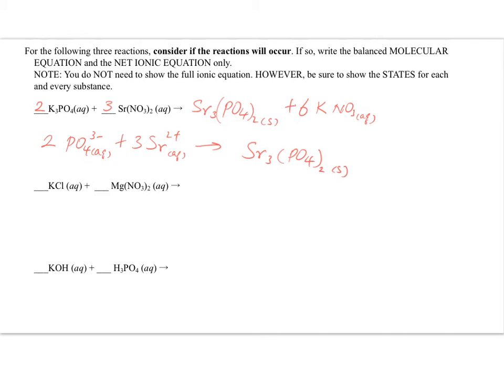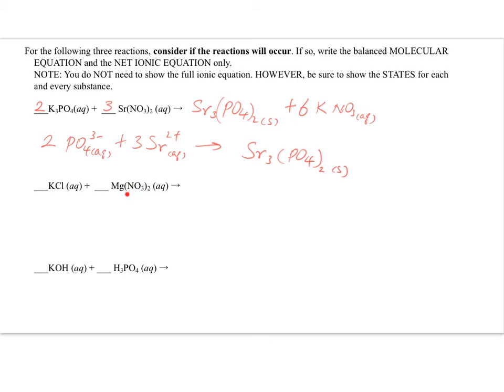How about the next, reaction 2? An aqueous solution of potassium chloride mixed with magnesium nitrate aqueous solution. From the solubility rule, we know that nothing will precipitate with potassium cation.